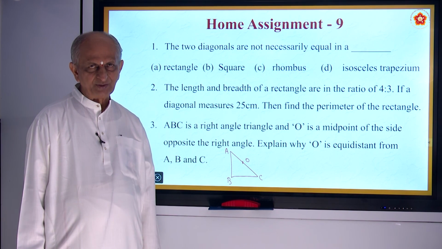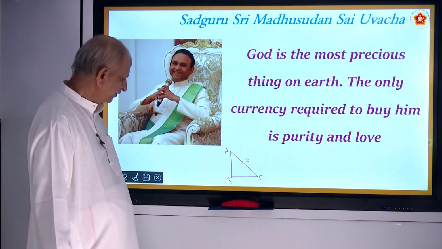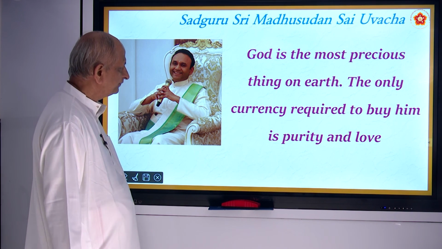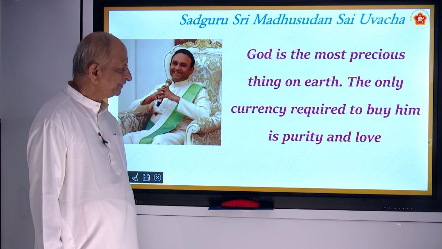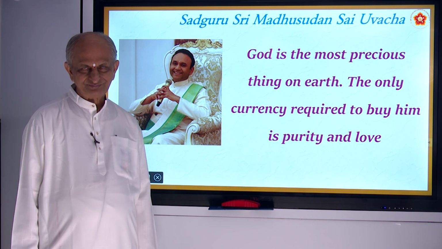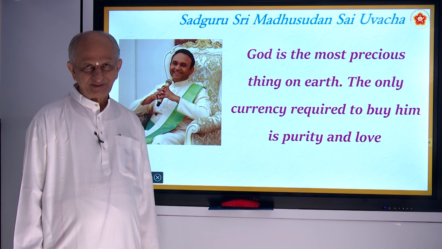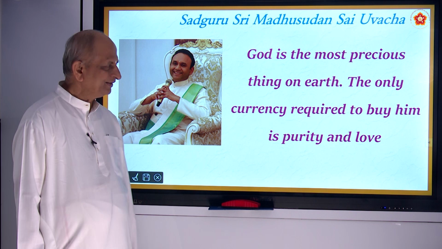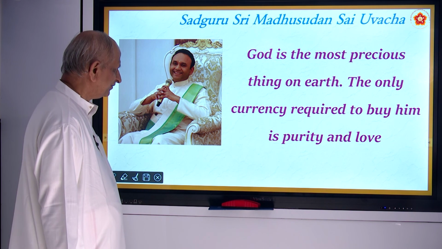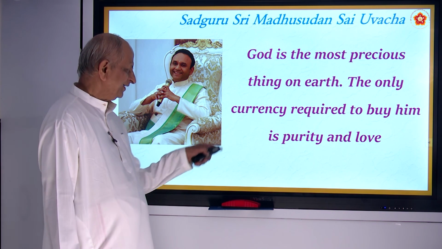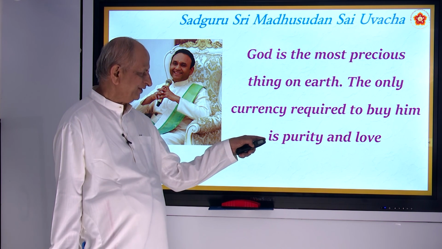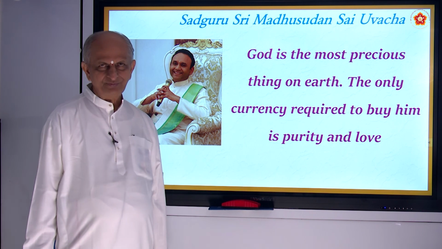Now let us see what our Sadguru, Sri Madhusudan Sai says. God is the most precious thing on earth. He is highest, full of love, compassion, beauty, wisdom and what not. The only currency required to buy him is purity and love.